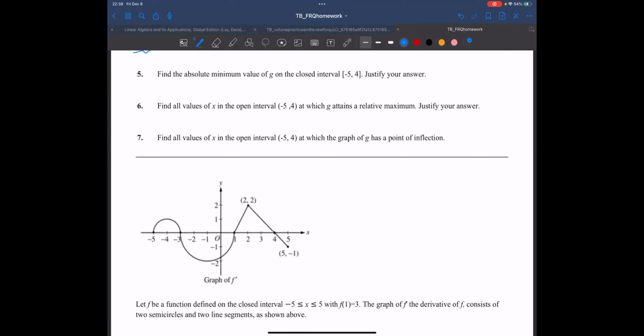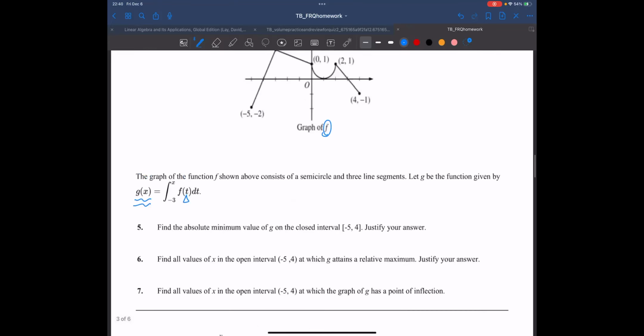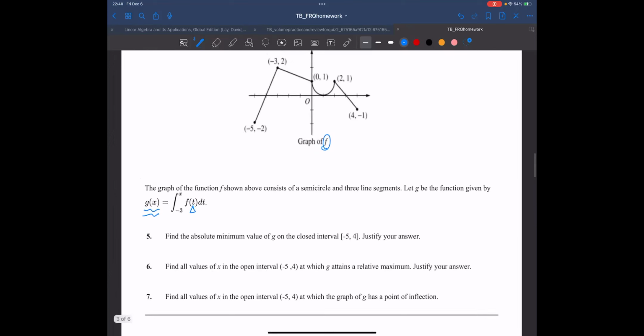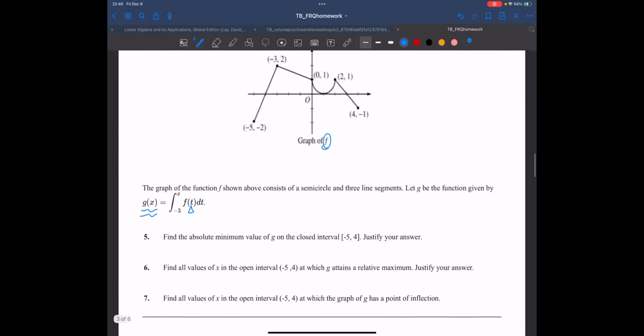So first of all, we can solve question 6 and question 7 and then return to question 5, because absolute minimum needs more calculating, so much counting work here.